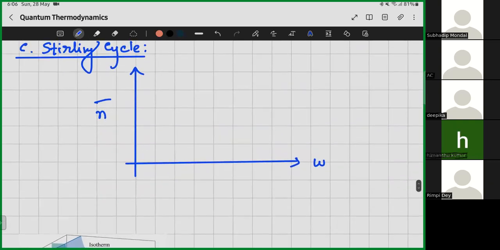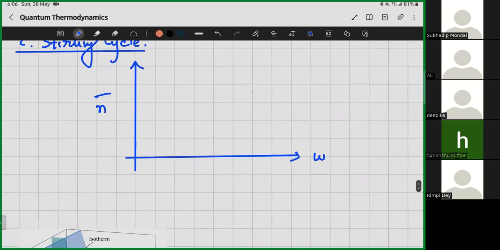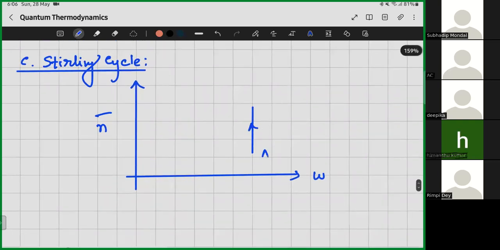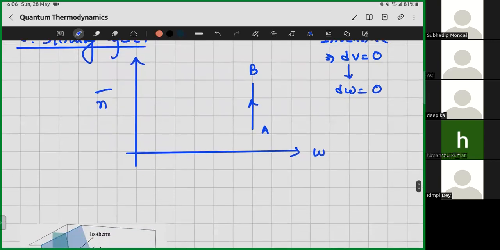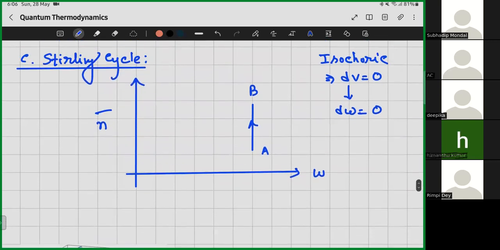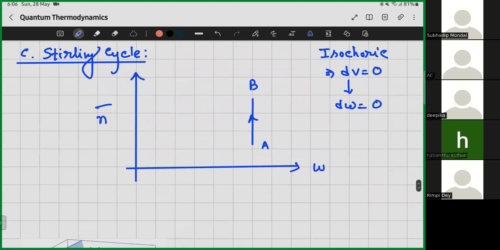For the Stirling cycle, we know the strokes are isothermal and isochoric. So this is the isochoric stroke, A to B. Isochoric means the volume should be conserved, dV should be 0. That means d omega should be 0, which is why it's parallel to the n bar axis. Omega should not change in the isochoric process, as we related the volume with omega.